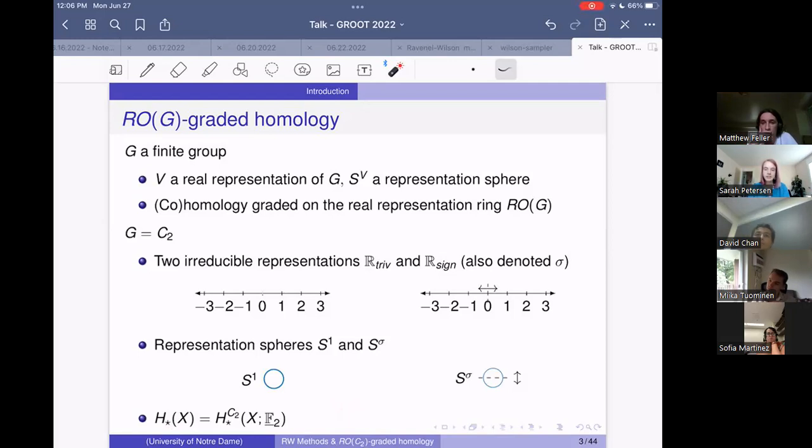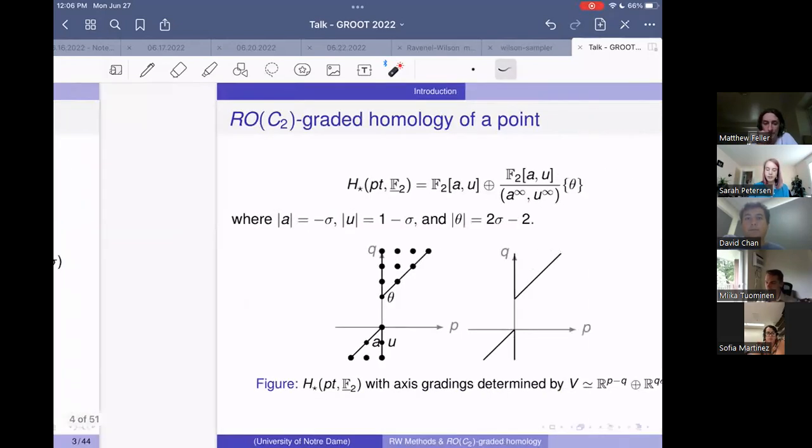One answer is that the geometric motivation for homology originally in the non-equivariant setting is to look for different types of holes or spheres inside your space. And here we're really doing the same thing. We just want to keep track of more information. We want to keep track of holes that have some sort of rotation or reflection information as well.